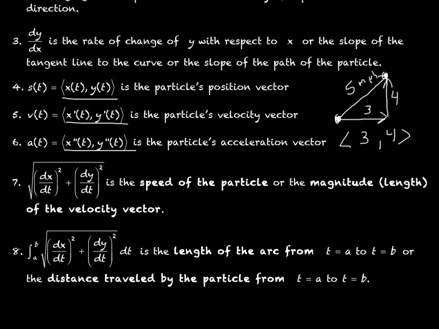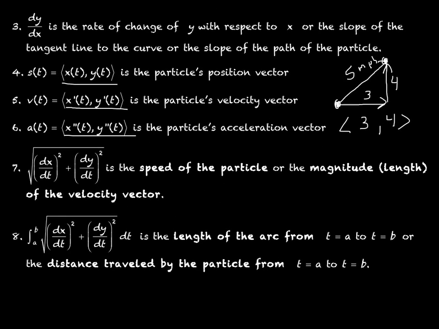But now we're also throwing a couple other things at you here. If you're looking for the speed of the particle, which would simply be the hypotenuse, then you would want to use the Pythagorean theorem and take the x velocity squared plus the y velocity squared and square root them, and you will get the speed of the particle.